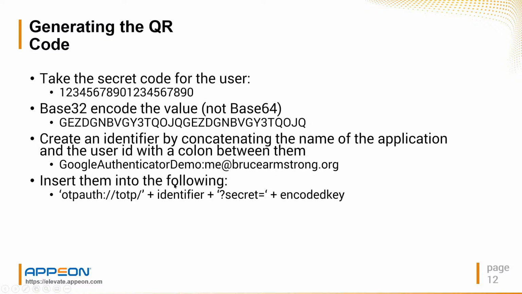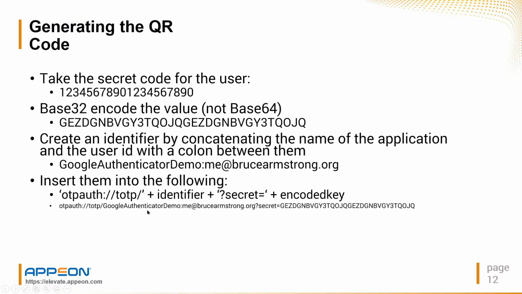The identifier is this whole piece here: the app name, the colon, and the user ID. And then you suffix it with a question mark, secret equals, and then the base 32 encoded secret key. So in this case, this is the value I end up with.